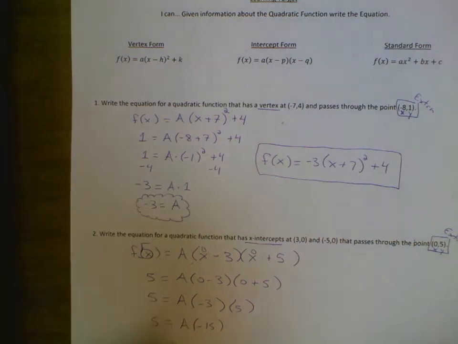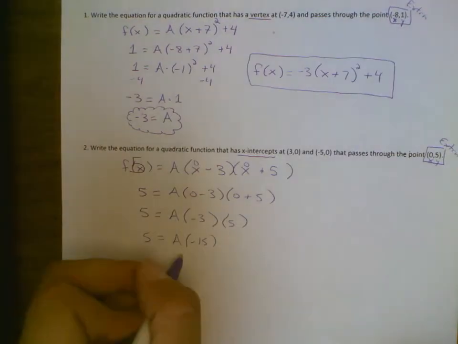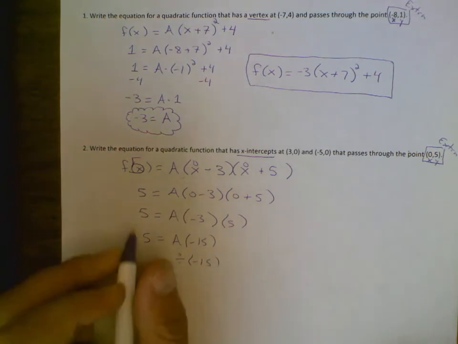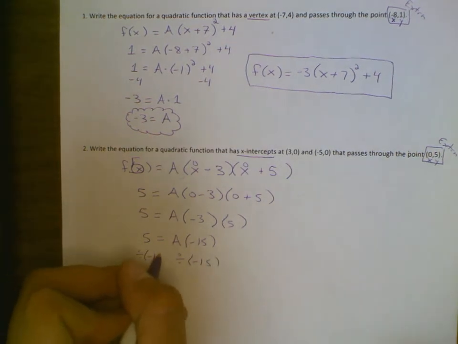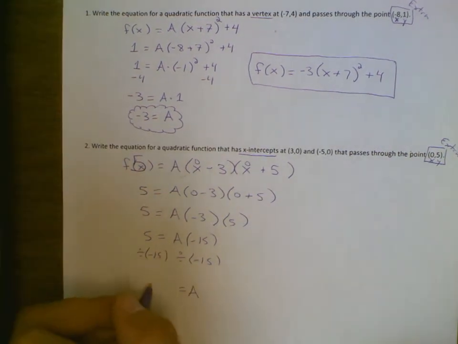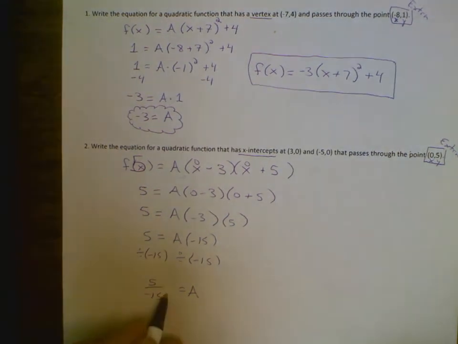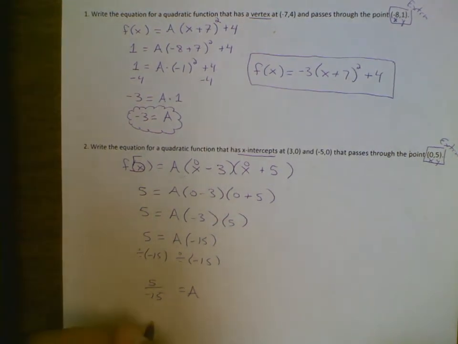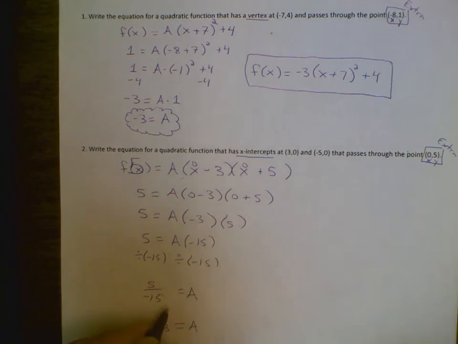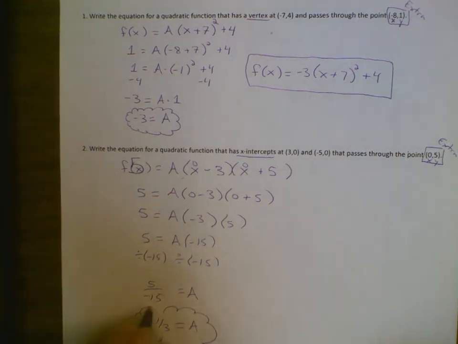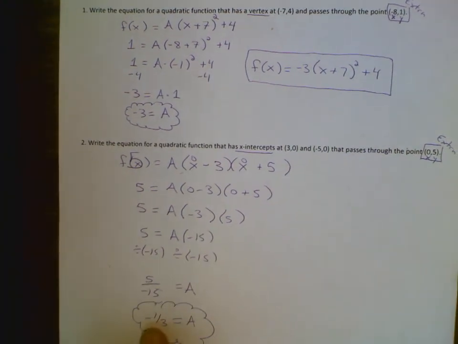Then I simply divide by -15, and I get a equals 5 divided by -15, which can be simplified to -1/3. So my a value here ends up being negative 1/3.